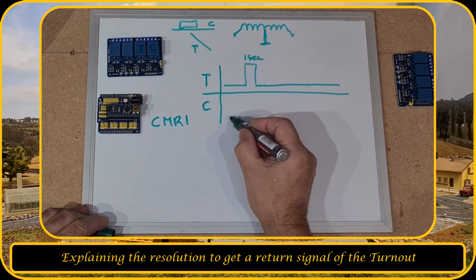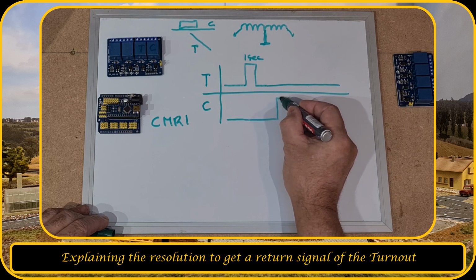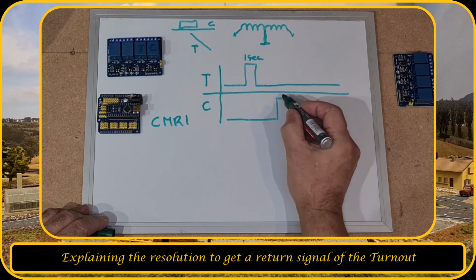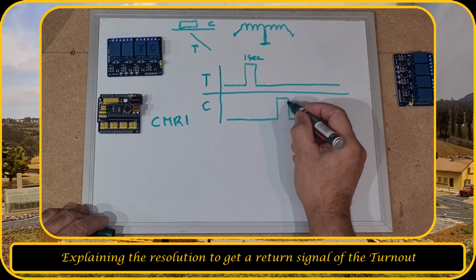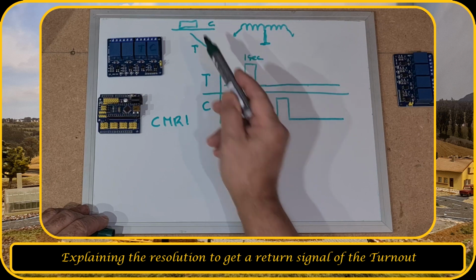If I want to set it to close, I send a pulse on close, and that's also 1 second, and then the turnout will set to close.